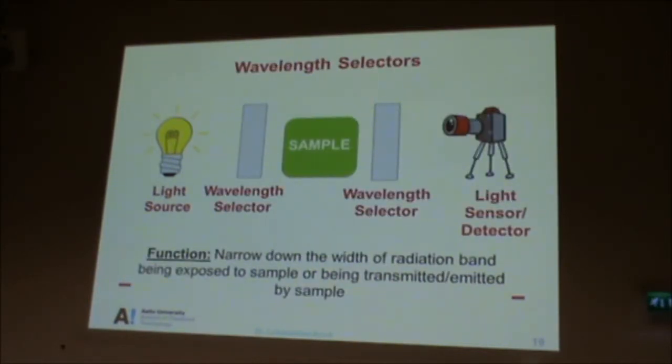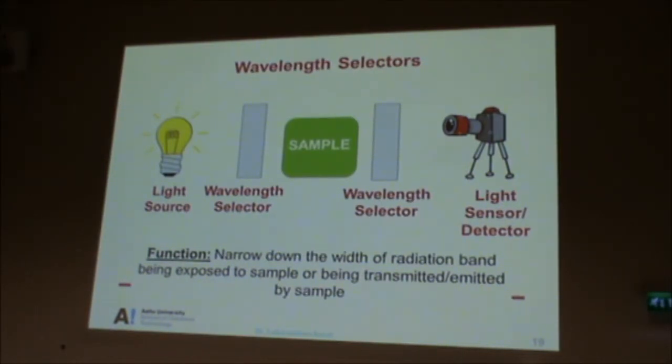Okay, now we'll talk about the wavelength selector. As I spoke about in the previous slide, if you have a line emitter, you don't need a wavelength selector. But if you are using a continuous wave source, then you have to let through the sample only one wavelength at a time.